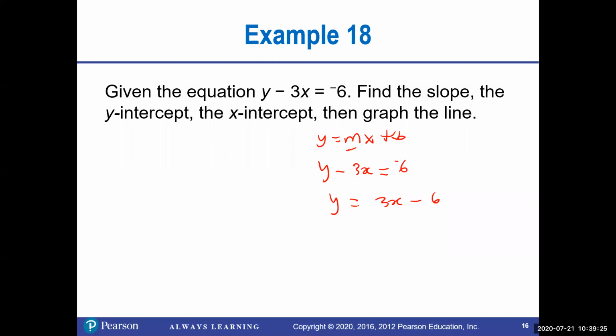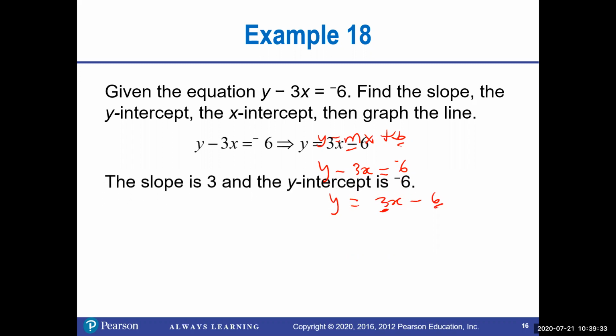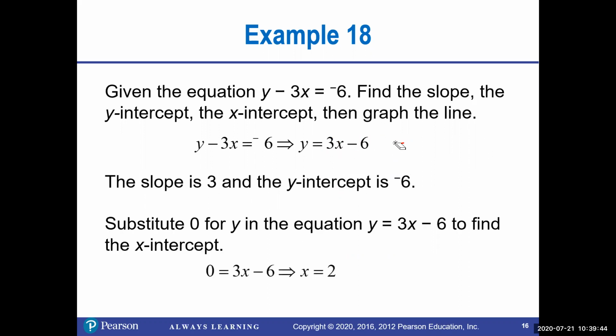Now, if you compare this and that, your slope is 3, and your y-intercept is minus 6. And that is all you do. You just rewrite the equation in the form y is equal to mx plus b and choose your m. Is that okay?